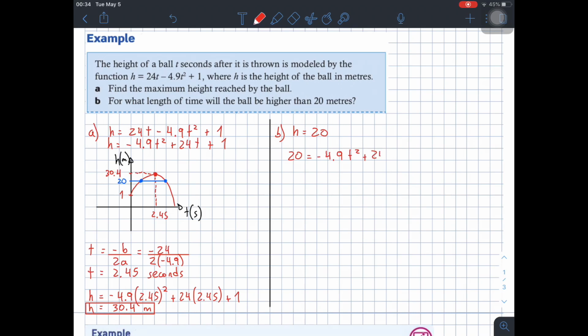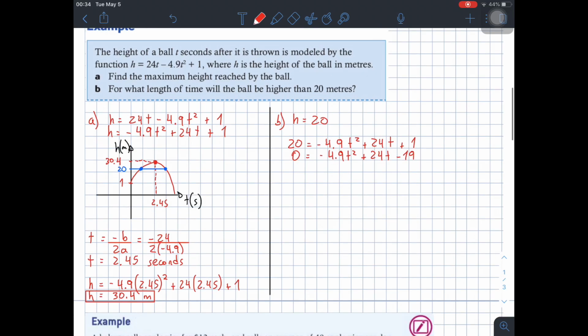So if we organize this, it would be 0 equals negative 4.9 t squared plus 24t minus 19. If we use our calculator in order to save time, using the calculator, we're gonna go to a polynomial, right?